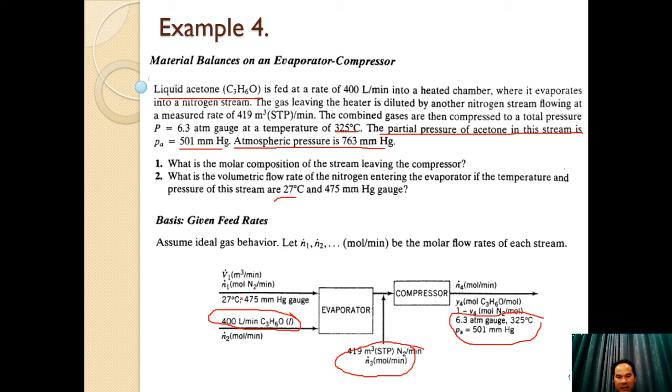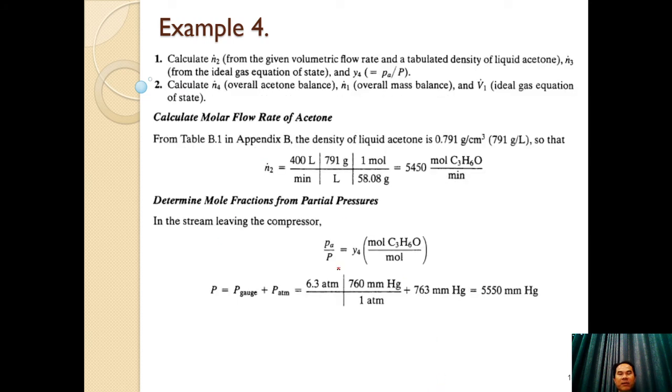You can calculate V1 and N1 based on the condition of the gas. Then we have only N4 and Y4, only two unknowns, and you can solve by math. N2 you can convert from the volumetric flow rate in cubic meters, and N3 likewise. The first step, you use this information to calculate N1, N2, N3, V1. First calculate N2, and then you calculate Y4 also.